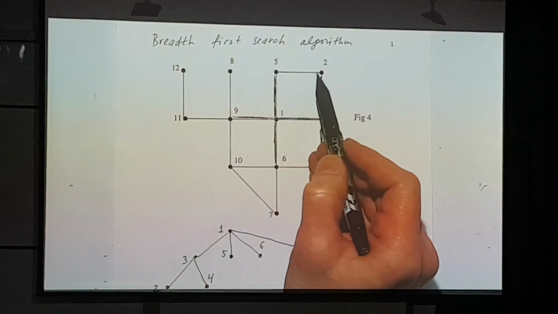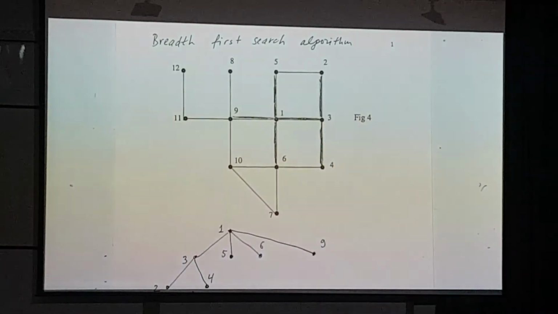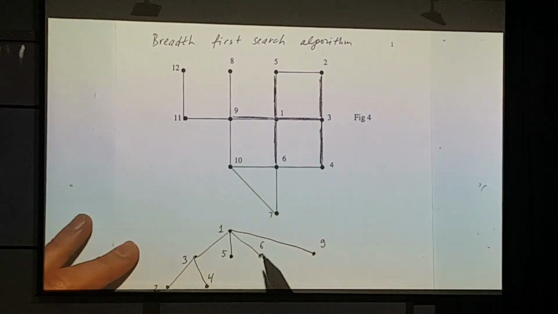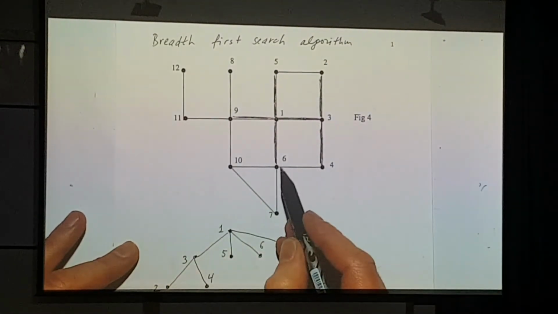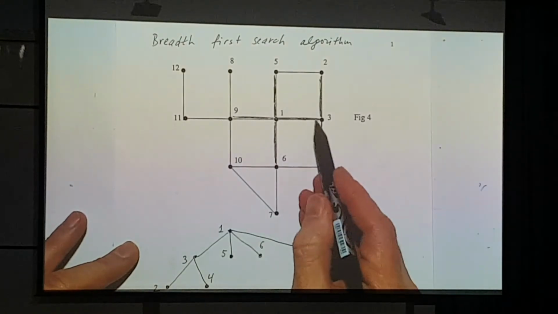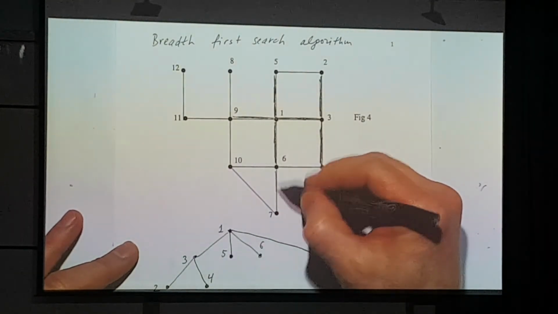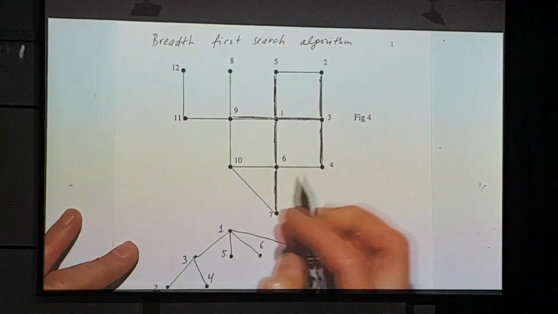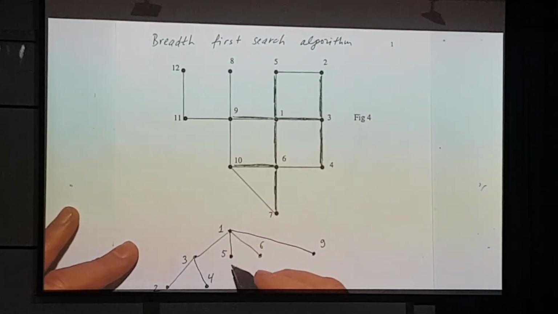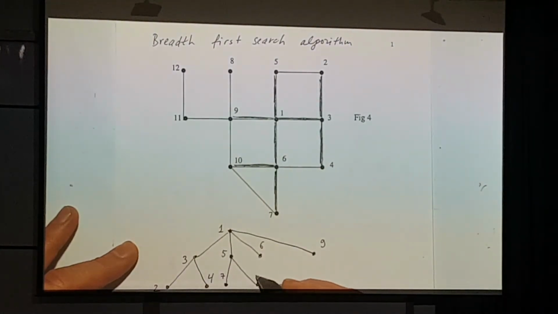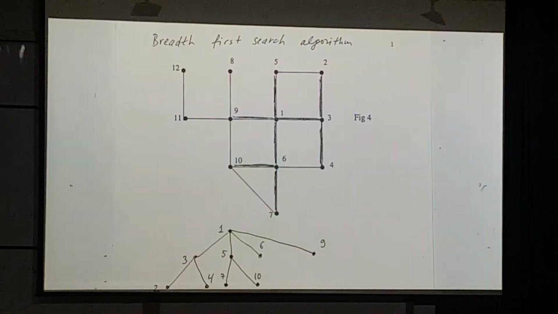And to 5, I could have added 2, but not anymore, because 2 is already in my tree, so that would create a circuit. So I'm not doing that, so nothing can be added to 5. And next, I'm passing on to 6. I cannot add 4, because again, that would create a circuit, but I can add 7 and 10. So I do that. So that's 7. And that's, sorry, I should have added it to 6.